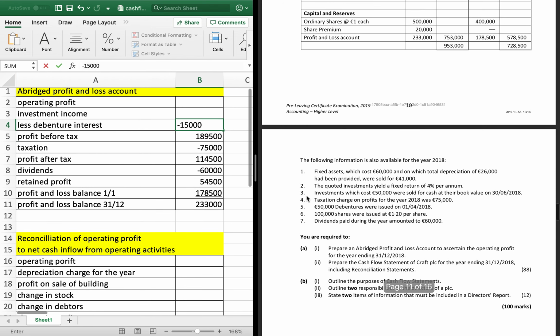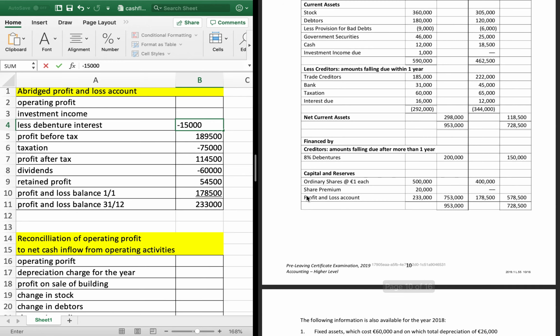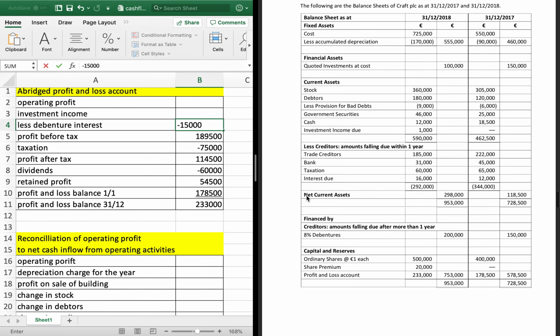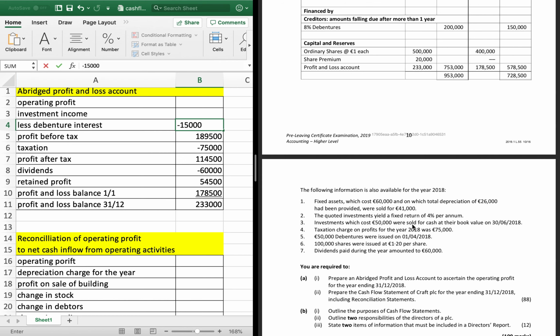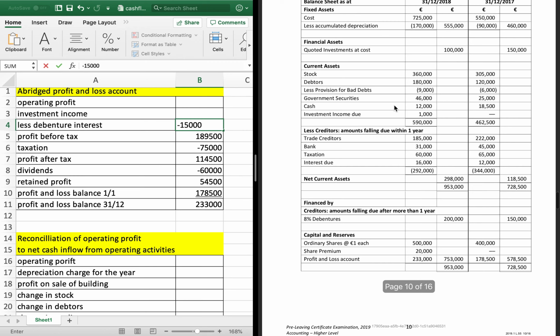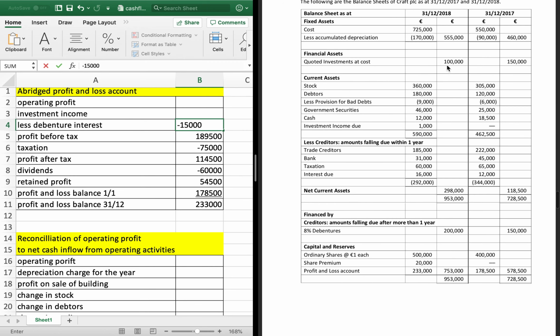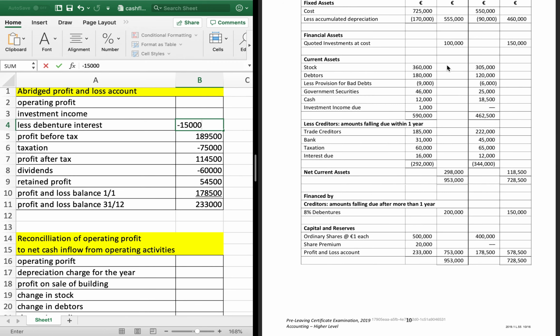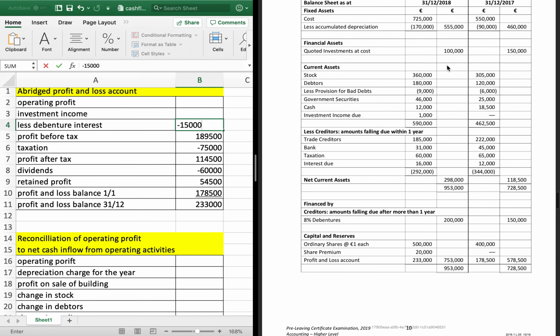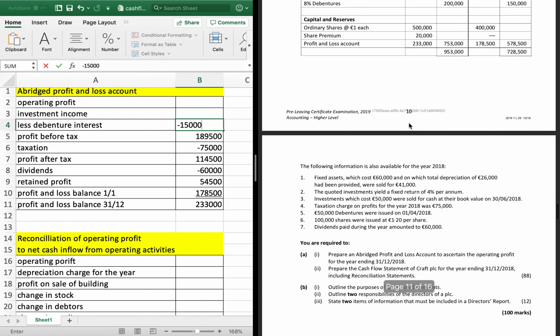And then you have your investment income. So we'll see what it says. The quoted investments yield a fixed return of 4% per annum. So the investments are 100,000. Last year they were 150. So at the start of the year we had 150, at the end of the year we had 100. We have to see when we sold the investments. They were sold halfway through the year, so we have to do the same thing.